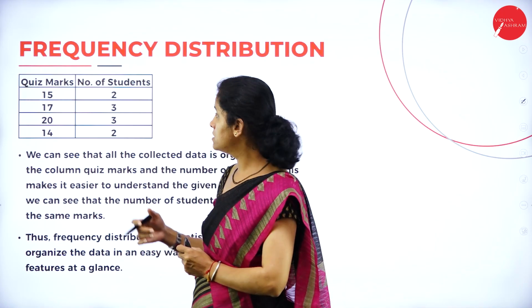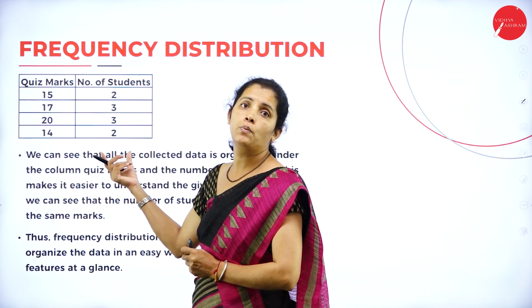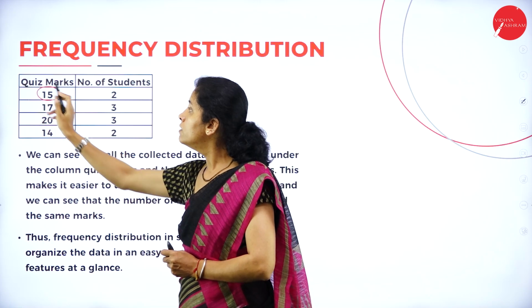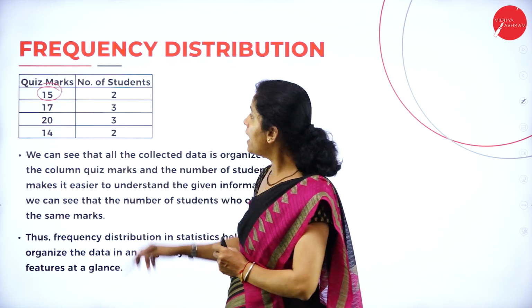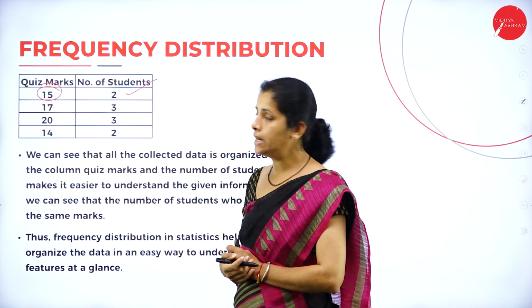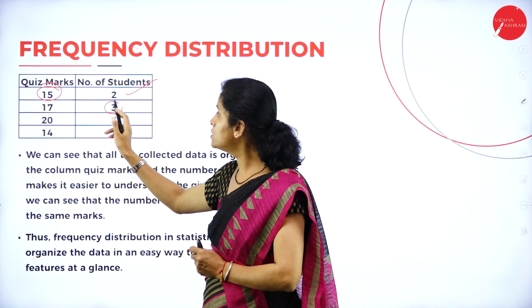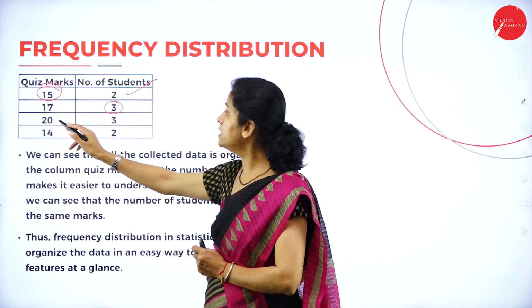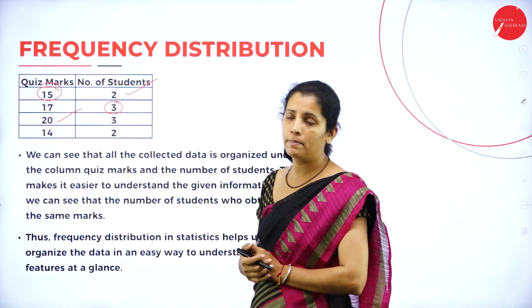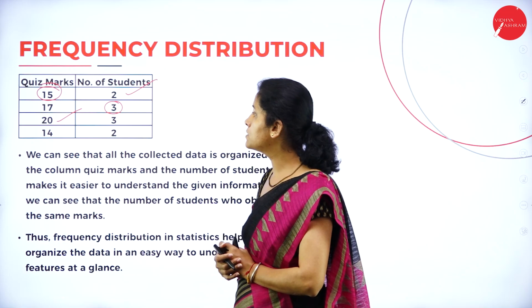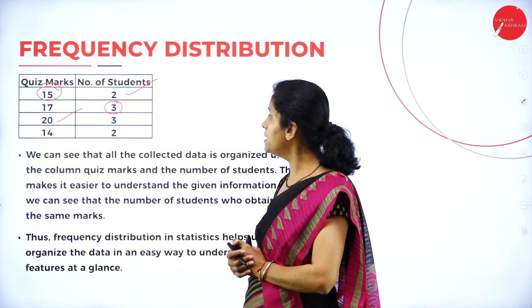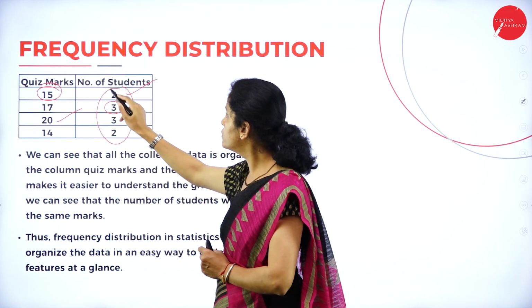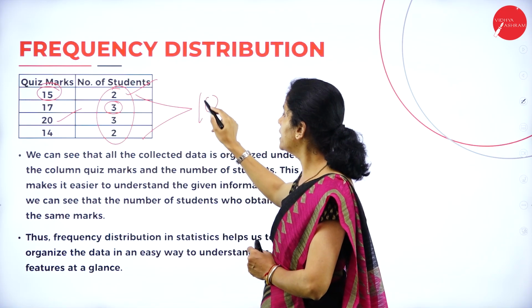So here if I see this table, I can very easily identify that 15 marks scored by 2 students and 3 students scored 17 marks and 20 marks scored by 3 members and 14 marks is also scored by 2 members. And when I add all this number of students, it is 10.